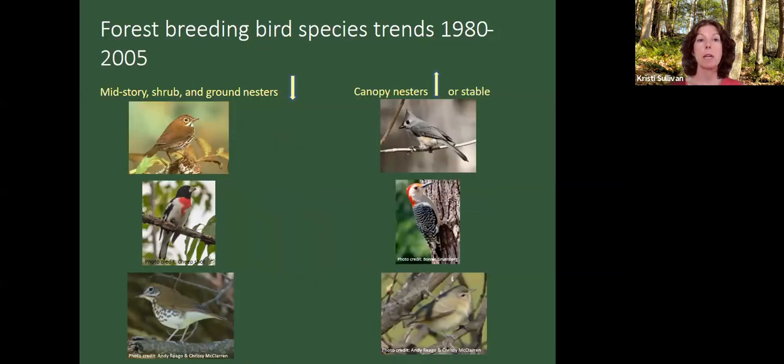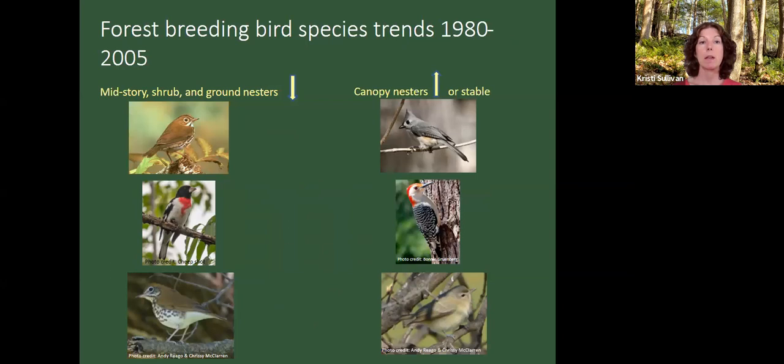There's a more recent study out of New Jersey looking again at mid-story shrub and ground nesting species, finding that a lot of our birds who are in those categories are declining, whereas a lot of canopy nesters in the overstory in New Jersey have been increasing in numbers or are stable.